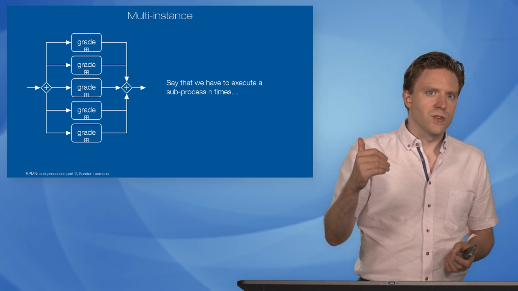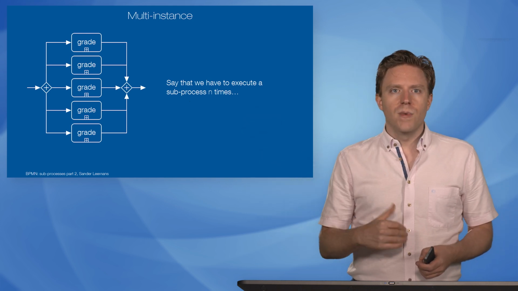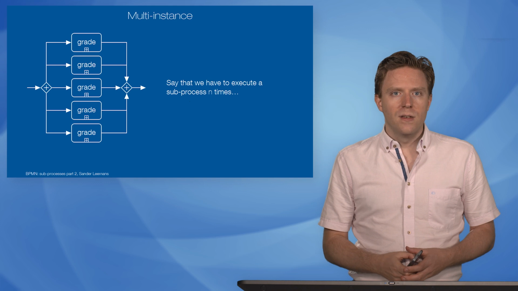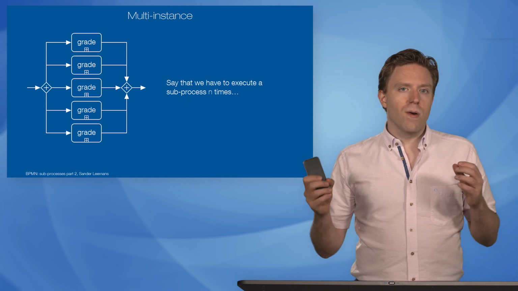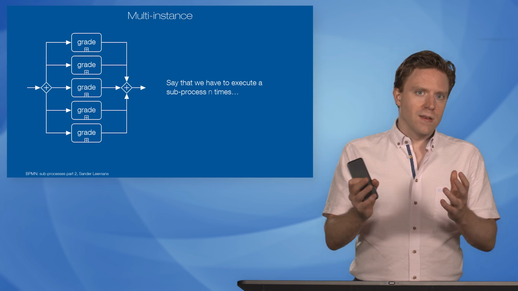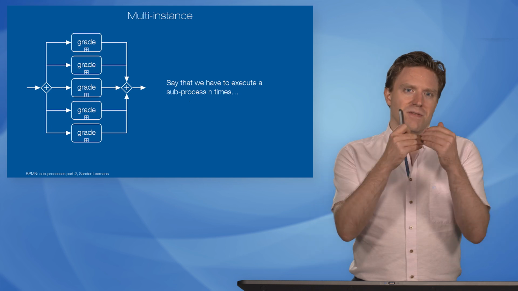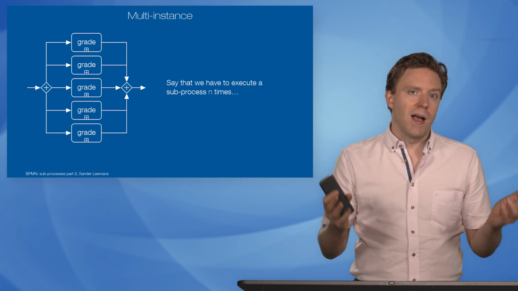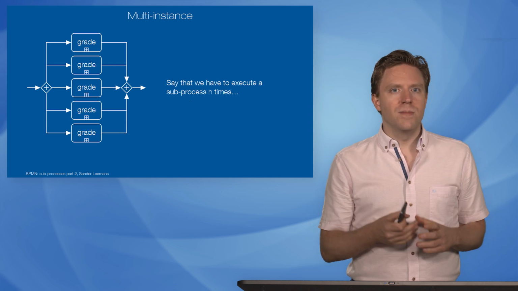For instance, first question 1 of every one, and then question 2. So I have different exam papers that I need to grade. I can model it like this, using 2 parallel gateways, one split, one join, and then 5 or however many exam papers I have to grade times this grade.